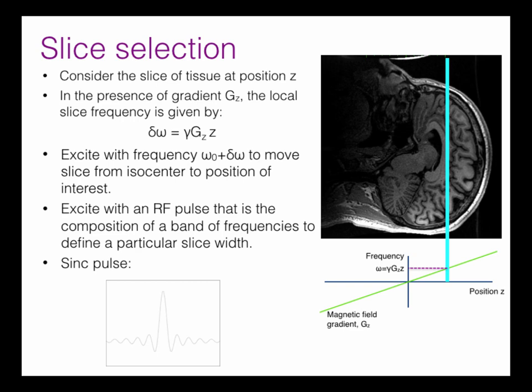Instead of applying the pulse at the original B0, I apply it at an offset frequency, omega plus delta omega, where delta omega is the appropriate gradient offset. And it's not just one frequency, it's a mixture of a band of frequencies. That mixture gives you a pulse shape that looks something like this, which is a sinc pulse.